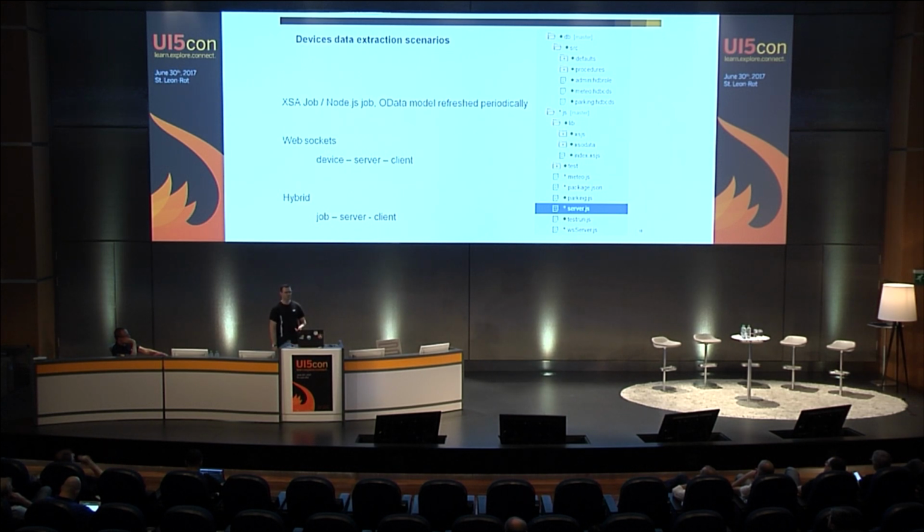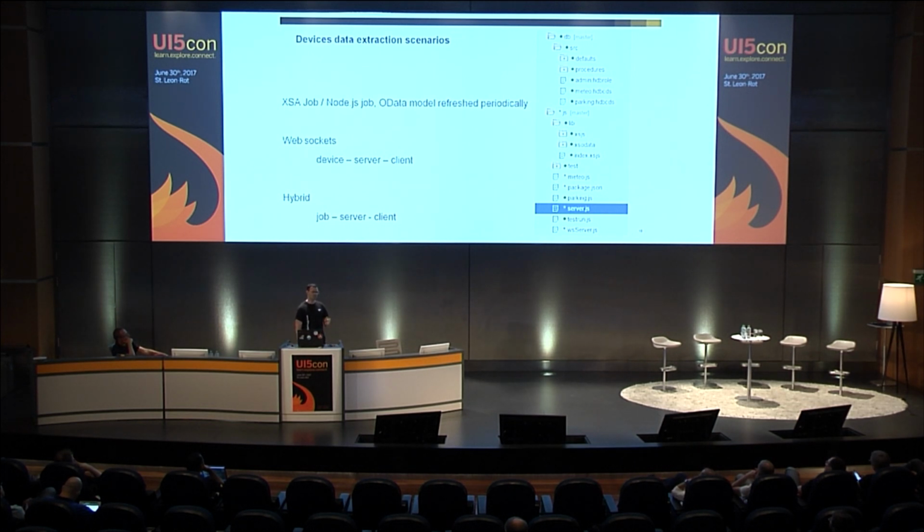Like in this case, with Arduino we cannot use WSS, so we could do the following. On the HANA side, on the Node.js side, we would have a job which would simply check if we have some new data from the device, and if so, on the Node.js, using the WS module, we would create a WebSocket, send the message to the WebSocket server, which in turn would do the broadcasting to the client.